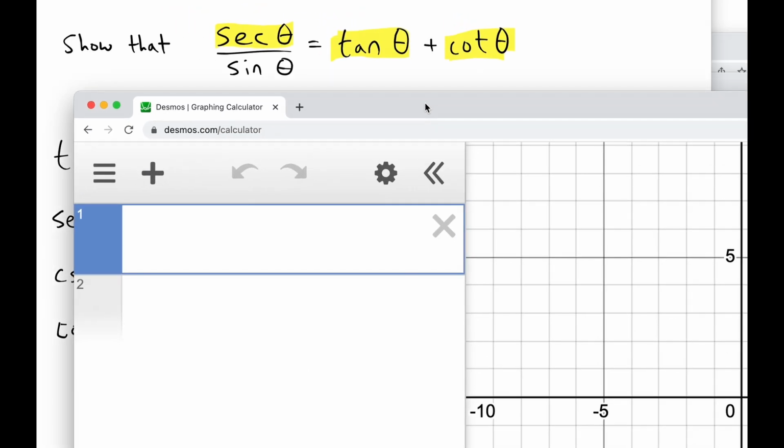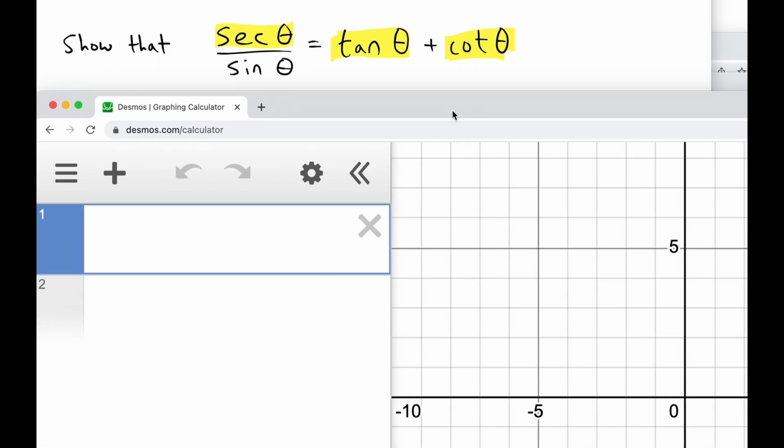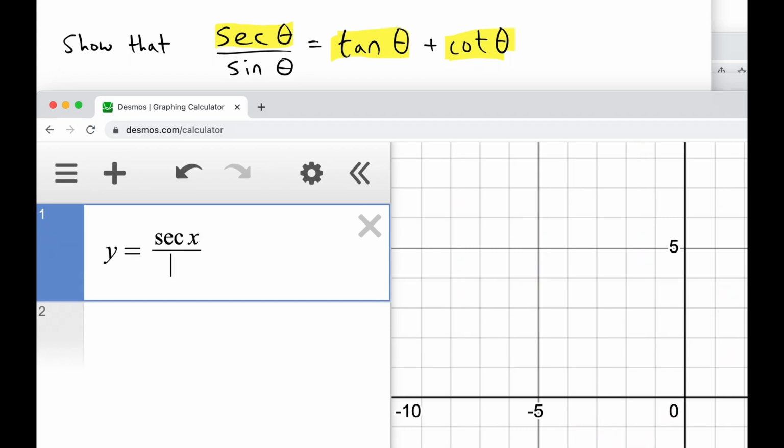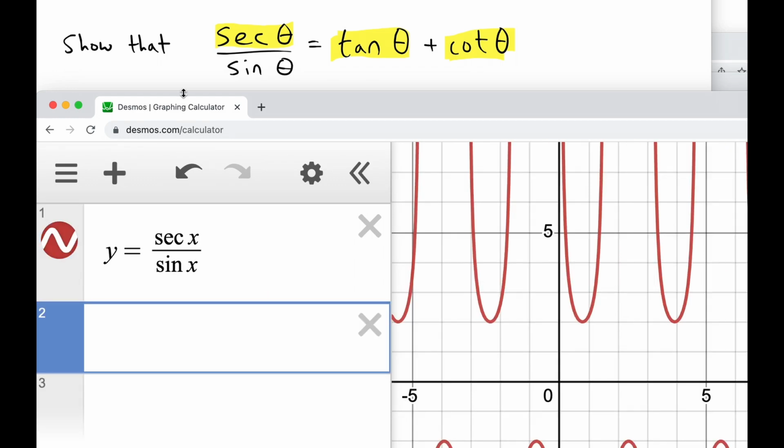So we can also use a graphing program to analyze this kind of situation. For example, if I start with the original and let that be a function here, so if I type in the left side of the equation into Desmos, I can see a graph of what the left side would look like.